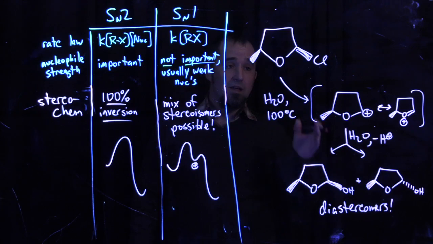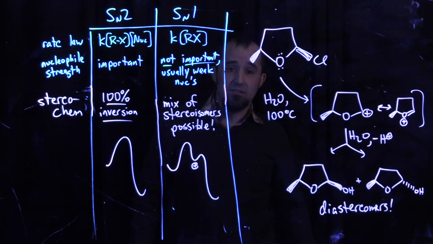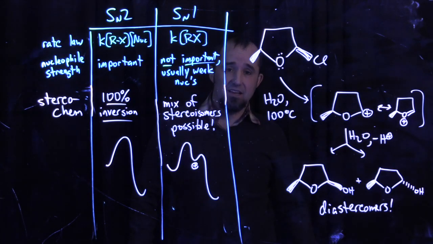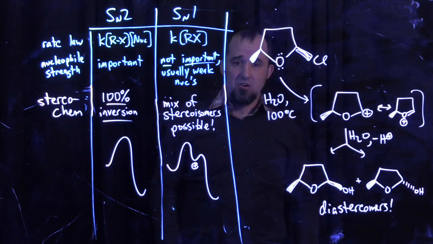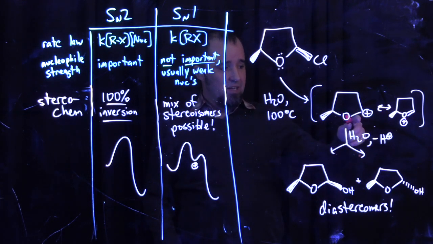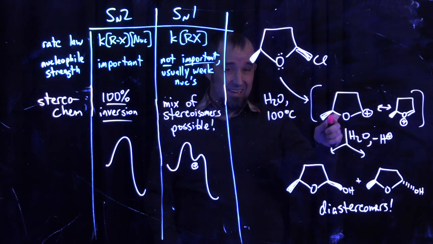Here's another example. I just showed this as a possible SN1 substrate because I can stabilize the charge next to that lone pair. So now I have two stereocenters on this ring. Notice that in the intermediate, now this stereocenter is destroyed, but this one isn't. Again, I'm not doing any chemistry here, so why would it change?